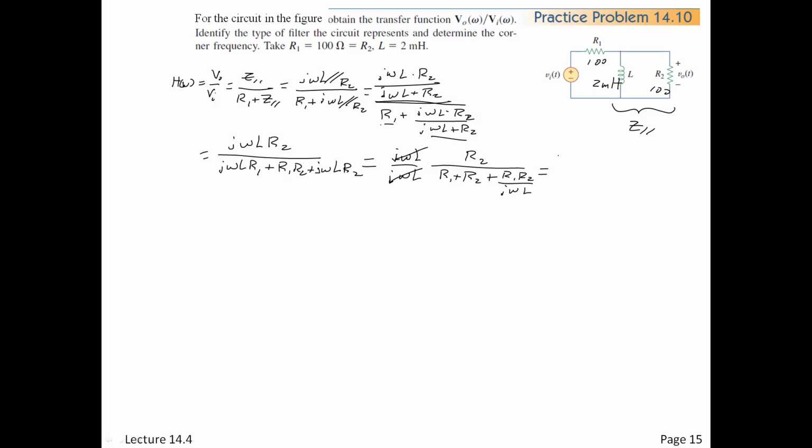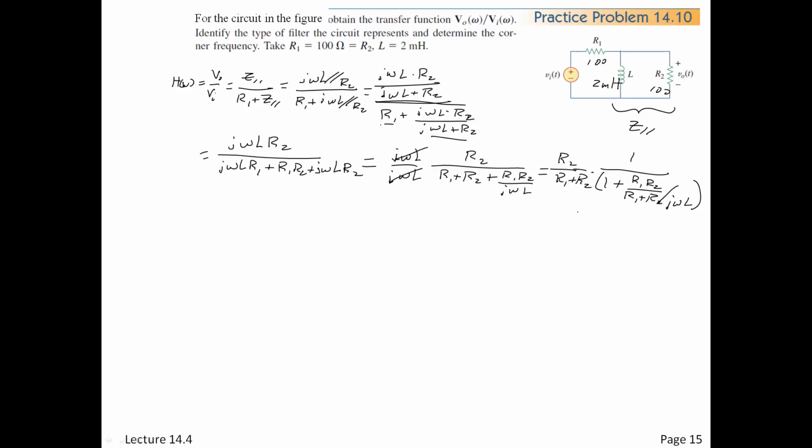So this gives me something that maybe begins to look like something. We could have R2 over R1 plus R2 times 1 over 1 plus R1 R2 over R1 plus R2, all over j omega L.